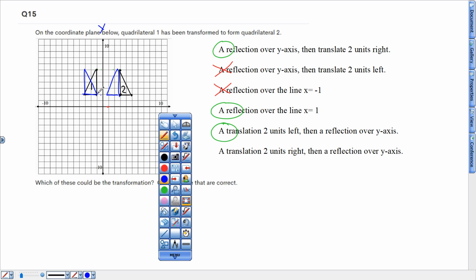And that's not the case at all. So that one, no good. The only ones that worked: moving it 2 to the right, reflecting over the y-axis first and then shifting it where you need it to go, reflecting over x equals 1, or moving it first and then reflecting it.